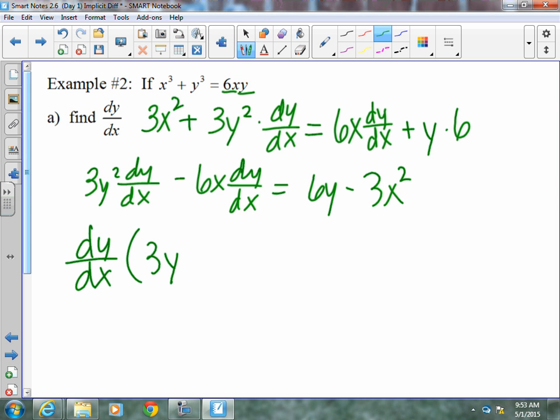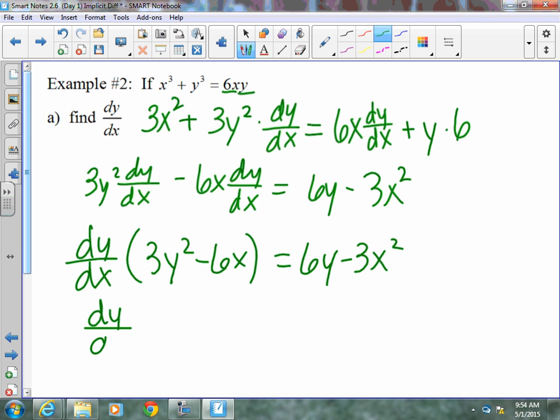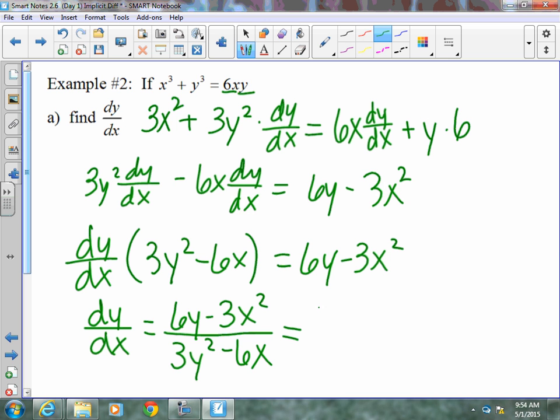We're left with 3y squared minus 6x equals 6y minus 3x squared. Divide. dy/dx is equal to 6y minus 3x squared divided by 3y squared minus 6x. And we're almost done. We can reduce everything by 3 to get 2y minus x squared over y squared minus 2x.